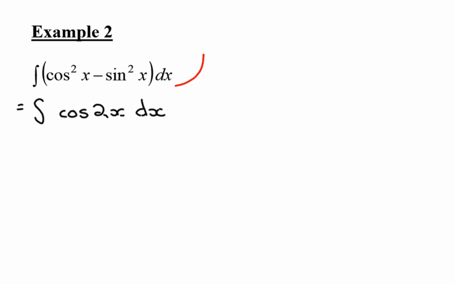So just when you're studying, you want to go back and check. We got this from the identity that says cos squared of an angle minus sine squared of an angle is equal to cos of 2 times that angle. Now we're working with something we can integrate, because this is a trig function.